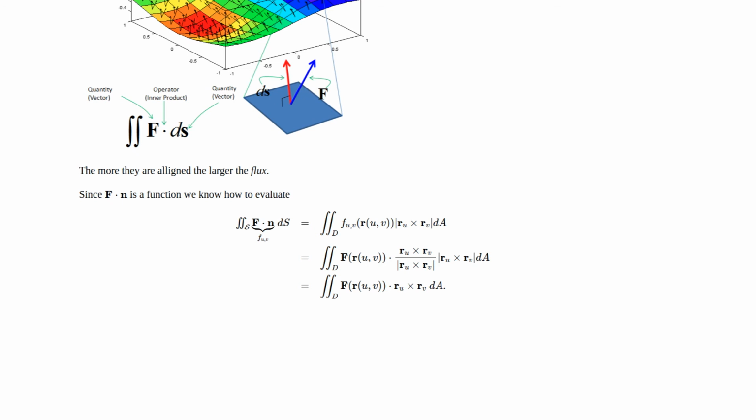But then we can bring back the meaning of this little f to write it as capital F of r dot that normal, r_u cross r_v over the magnitude of r_u cross r_v, and then we're left with, from above, the magnitude of r_u cross r_v dA. These two magnitudes of cross products cancel out, and we're left with the area integral over parameter space D of the vector field capital F at boldface r, the position in terms of the parameters u and v, dot the cross product r_u cross r_v, dA.